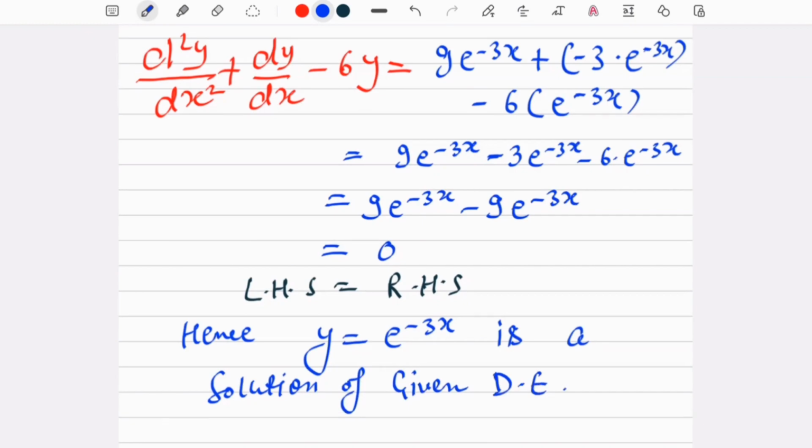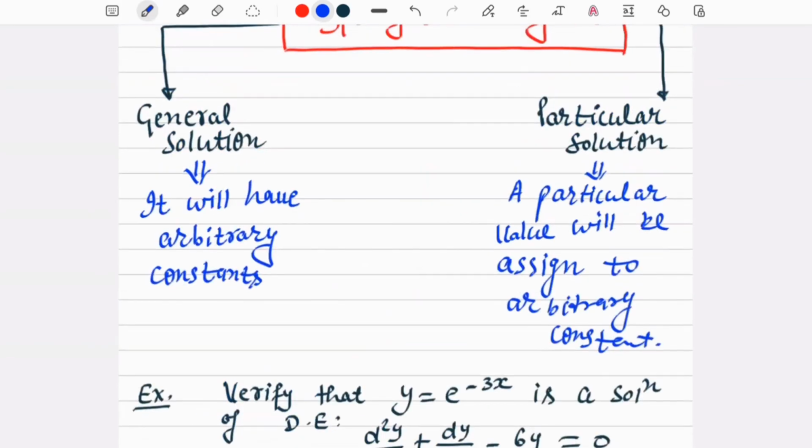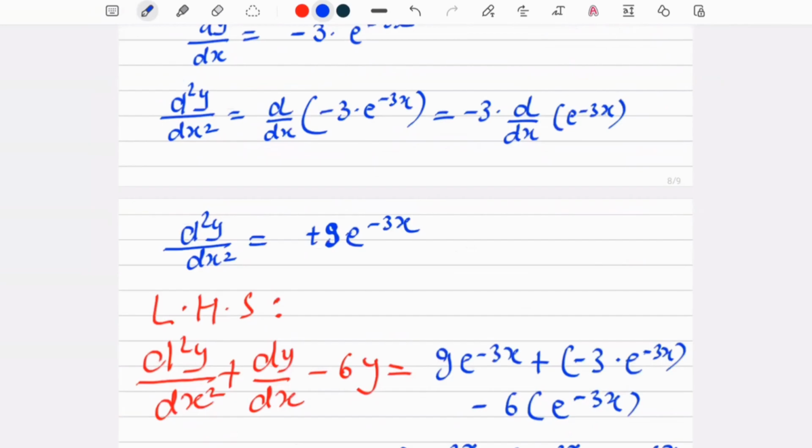Yes, sir. Can you comment about the nature, whether it is general or particular? General. How? Because x and y are variables. Yes, x and y are variables, but how will we classify general and particular? With the help of variable or constant? With the help of constant, but there is no constant, so it will be general. Really, there is no constant?